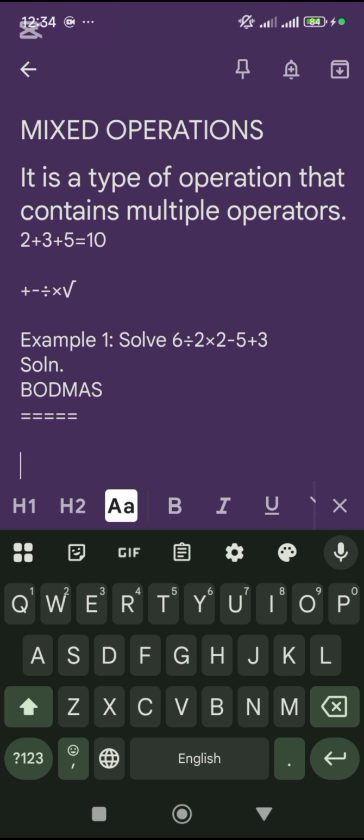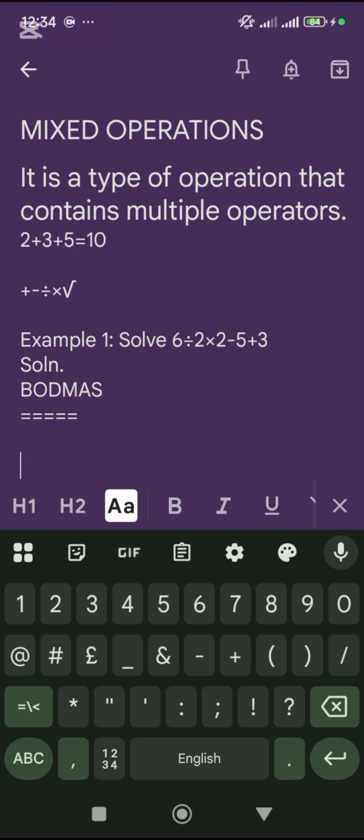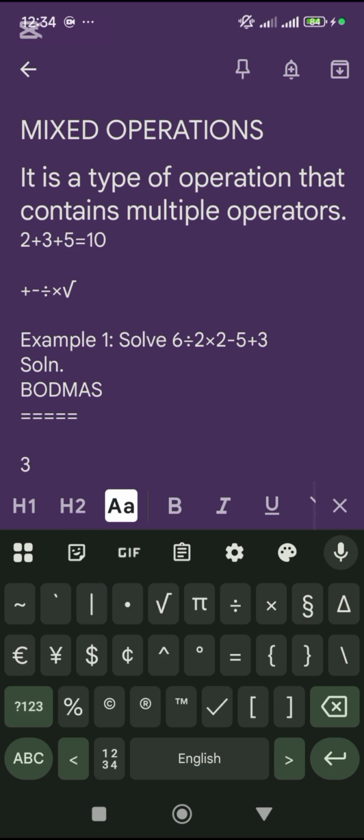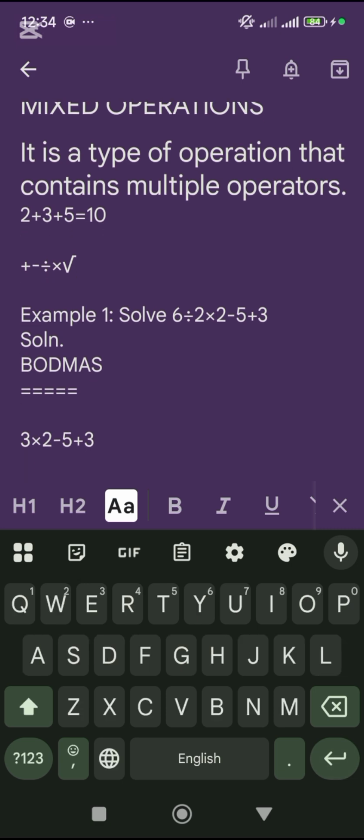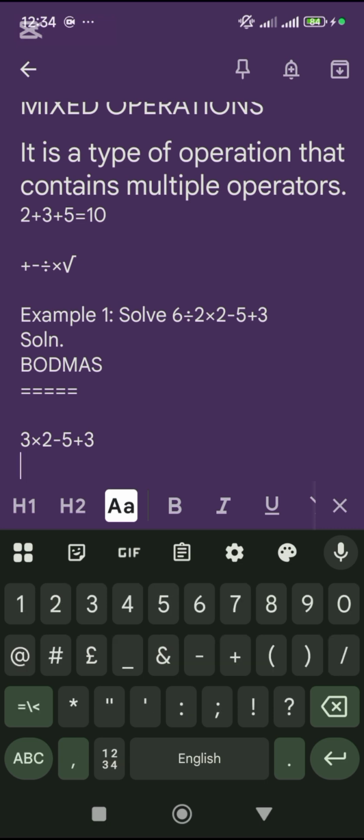In this case we have a sequence of division and multiplication within the same sequence. The first would be 6 divided by 2, which is 3, so that we have the rest of the equation written as 2 times 2 minus 5 plus 3. The next thing to do in BODMAS is multiplication. So 3 times 2 is 6, minus 5 plus 3.